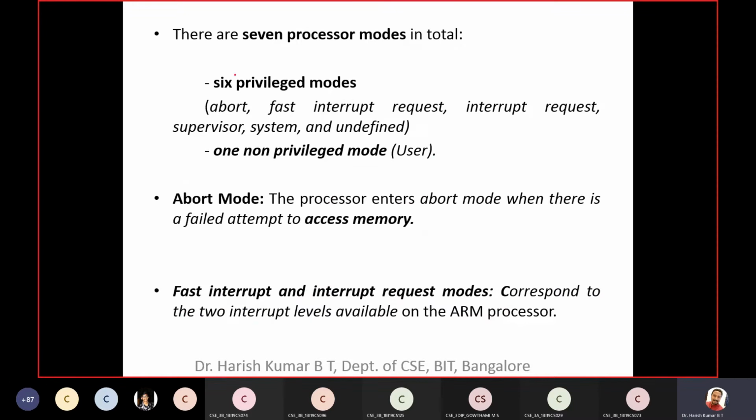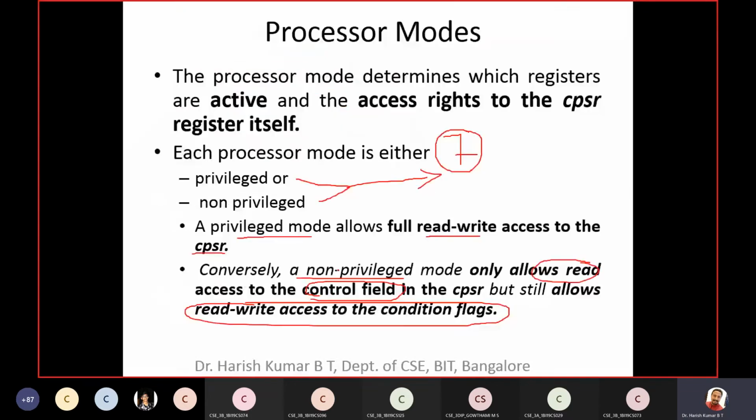Now, I said 7 processor modes are there. Out of these 7 processor modes, 6 are privileged modes, where you have full access to read and write the entire Cpsr.